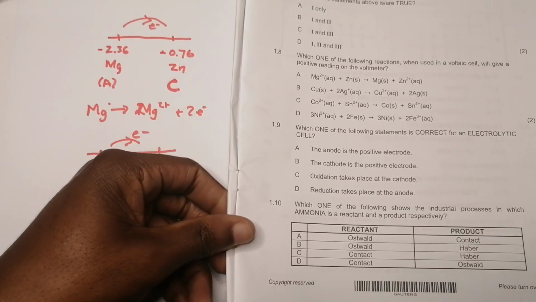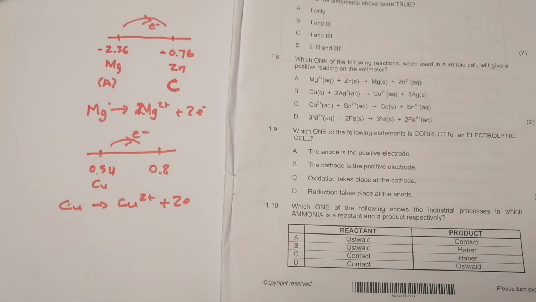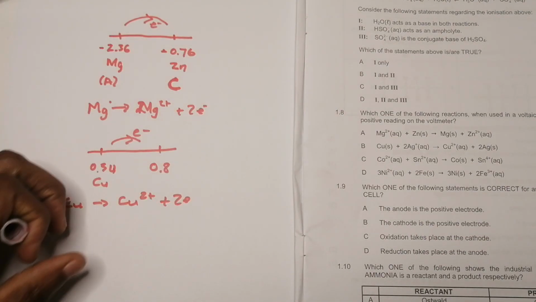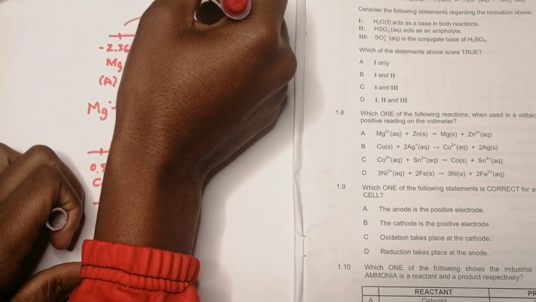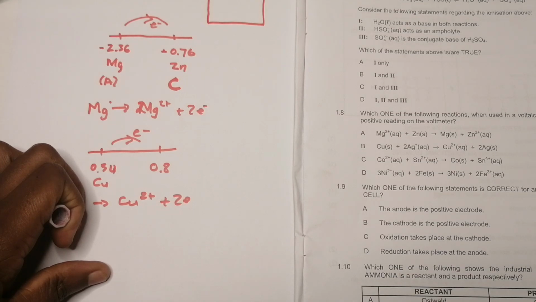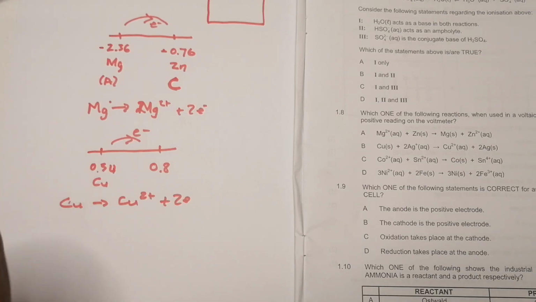Which one of the following statements is correct for an electrolytic cell? They say the anode is positive. Now, please remember, ladies and gents, for an electrolytic cell, if you have not watched videos on the electrolytic cell, we said the anode is the positive side of the cell.